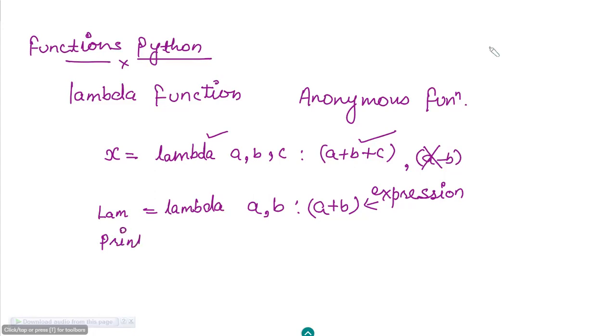Print this variable, and while printing, pass the arguments corresponding to the variables, like the two values 5 and 3. This means you are passing this value to variable a and this value to variable b. So now the expression will be evaluated, and you will get the answer: 5 plus 3 is 8.